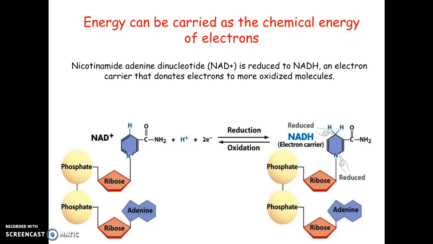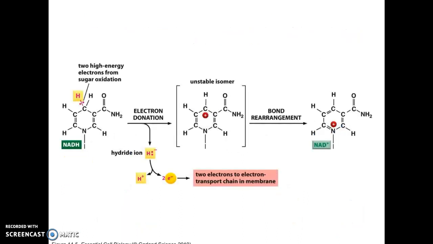That allows for high energy electrons to be carried from the reactions, whether they are in glycolysis or during TCA, and shuttled to the electron transport chain where we can get the energy out of them. So it has everything to do with the redistribution of electrons across the nicotinamide.